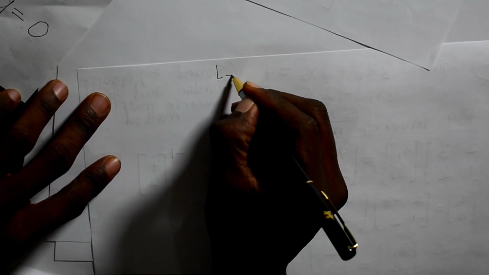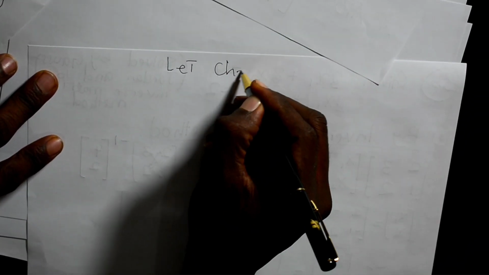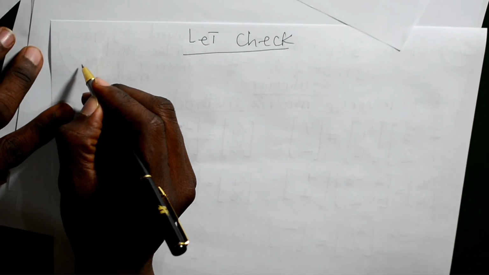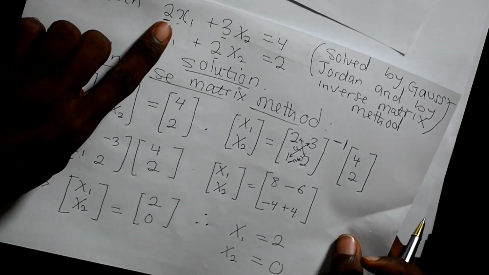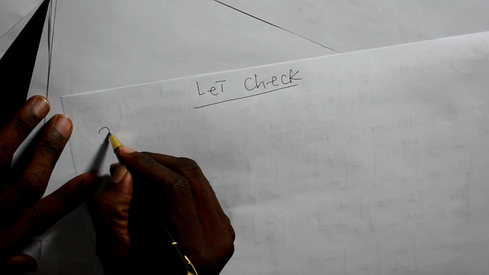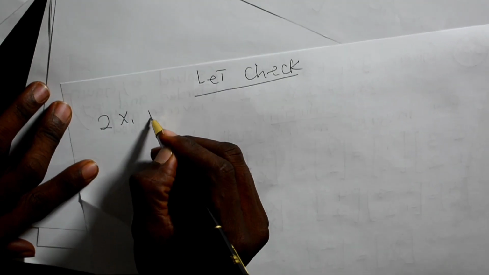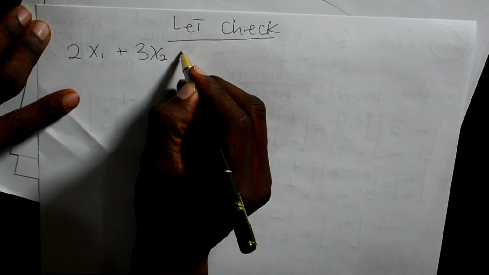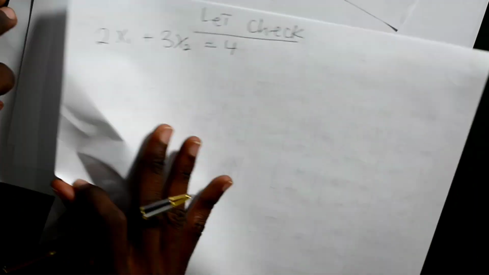Okay, so let's check whether the value of x1 and x2 is correct from the equation given. We know that the first equation given is 2x1 plus 3x2 is equal to 4.